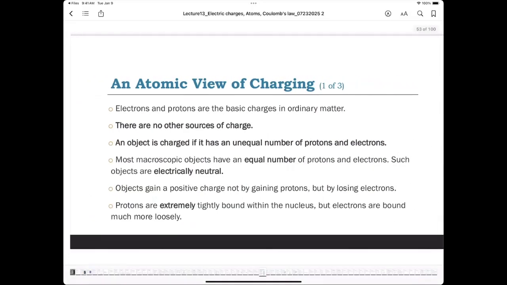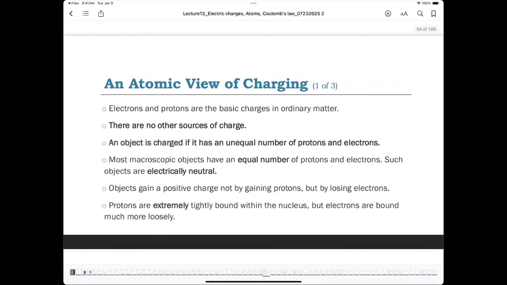Let's continue to talk about an atomic view of charging. Electrons and protons are the basic charges in ordinary matter. There are no other sources of charge.